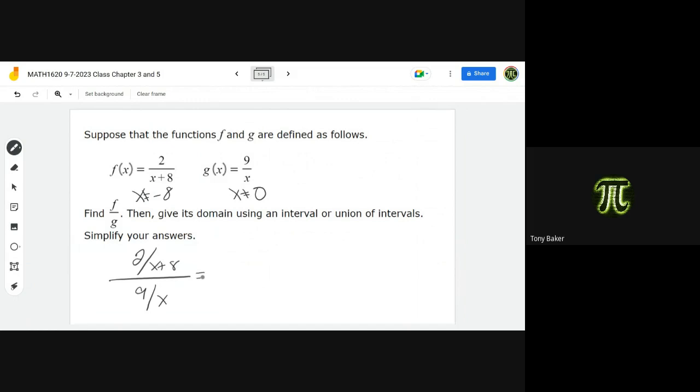So now we want to simplify this problem down. Remember, when you're dividing two fractions, you take the first one, flip the second one, and multiply. So I've got 2x over 9x plus 72.